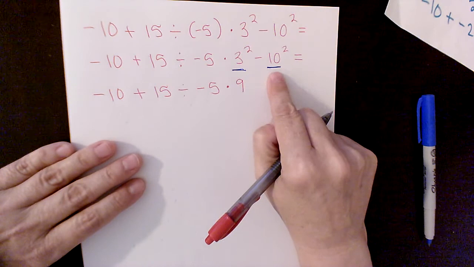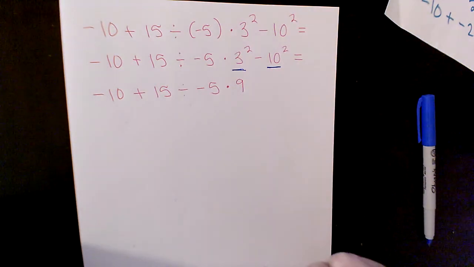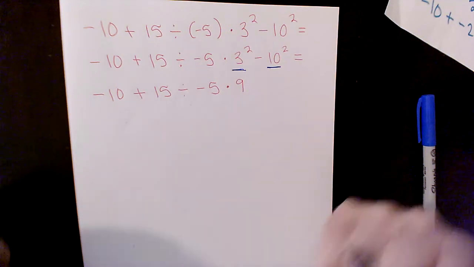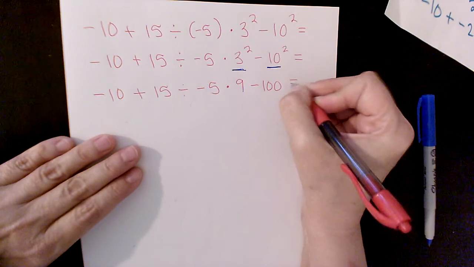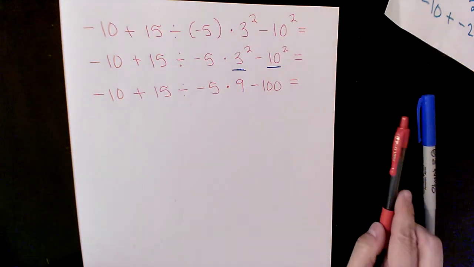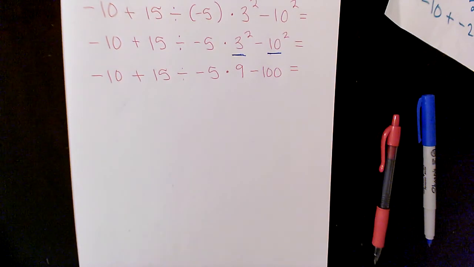And then we've got the negative again in front of the 10 squared. So I do 10 times 10 is 100 times negative 1 is a negative 100. Good so far?